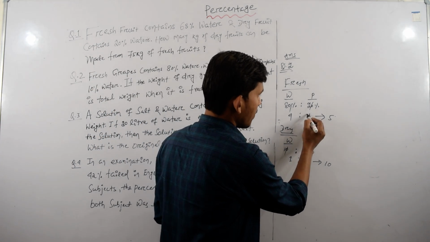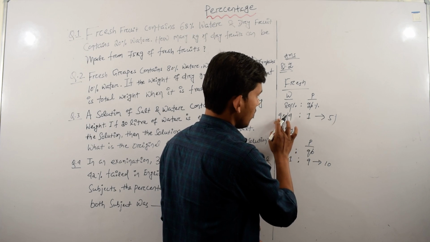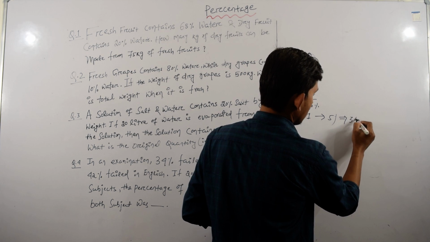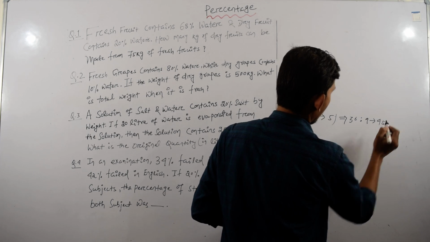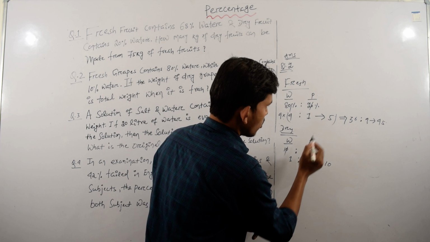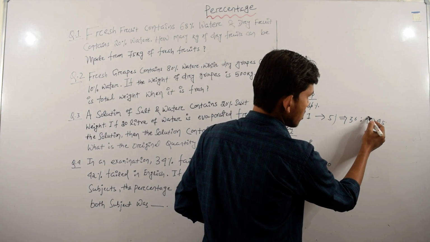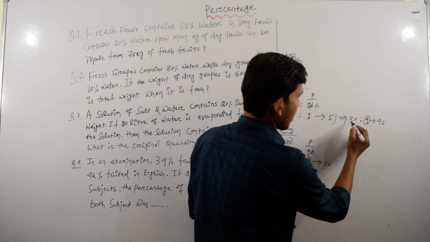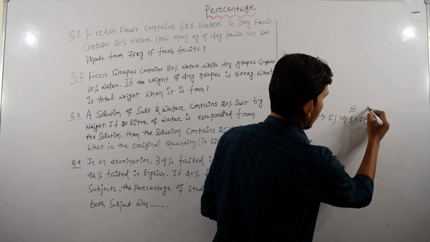That's why I'm multiplying by 9 in fresh grape, so this becomes 36:9, 45. I'm multiplying by 9 because I have to make the pulp 9. So here you can see the pulp part becomes 9. Here 36, 9, 45. This is the water part, this is the pulp part.